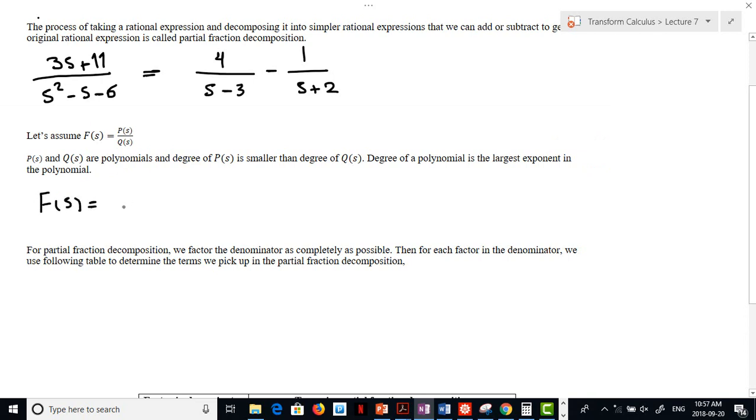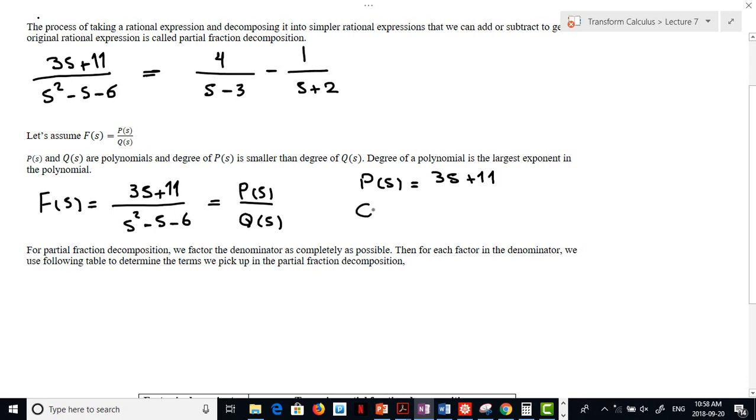In our example, F(s) is equal to (3s + 11) divided by (s squared minus s minus 6). So P(s) is equal to 3s + 11, and Q(s) is equal to s squared minus s minus 6.